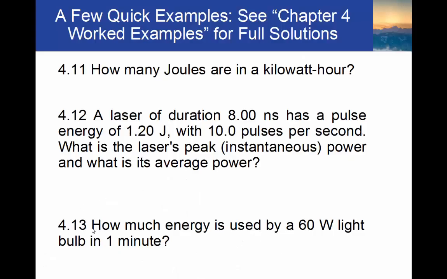Okay, last example that deals with power is this question: how much energy is used by a 60-watt light bulb in 1 minute? So a 60-watt light bulb basically means that it's using 60 watts of power continuously for the amount of time that it's running.